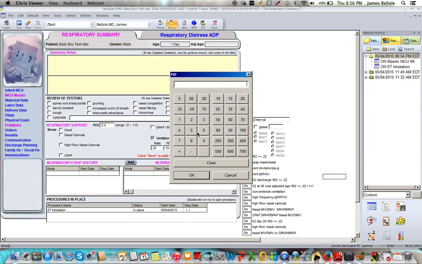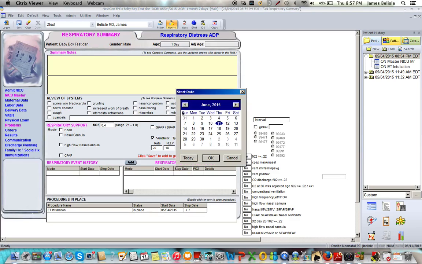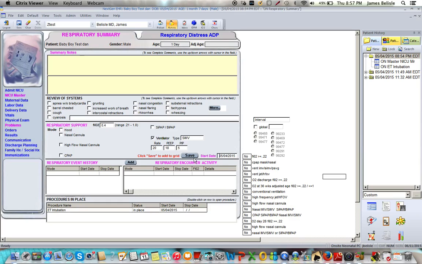You can also use these things here, but I use the keyboard. We started it today, which was on 5/4. Okay, and remember, you have to save this, and highlight it and add it over here so that it's in your event history.